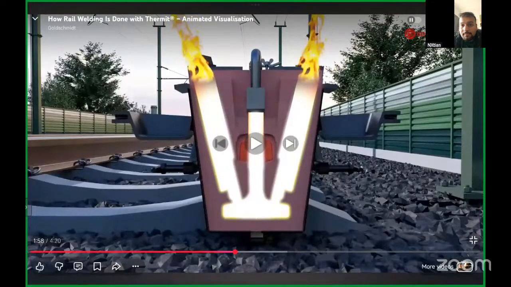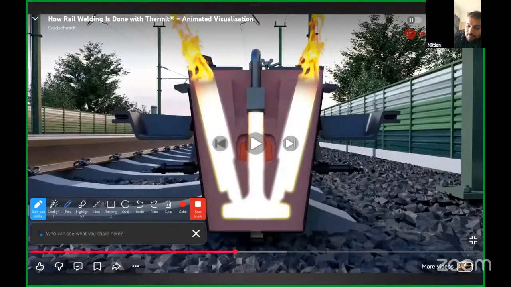In this, there's a mixture of iron oxide, Fe2O3, and aluminium. We are just heating it with the help of this burner, so that we will get iron, which is molded in the railway track form, and aluminium oxide, which is the salt we get from it. So the iron will stick to the railway track. Got it, guys?